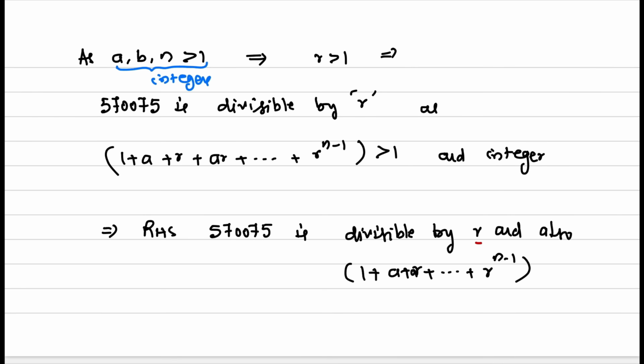It is divisible by both. This is the condition what we have got.